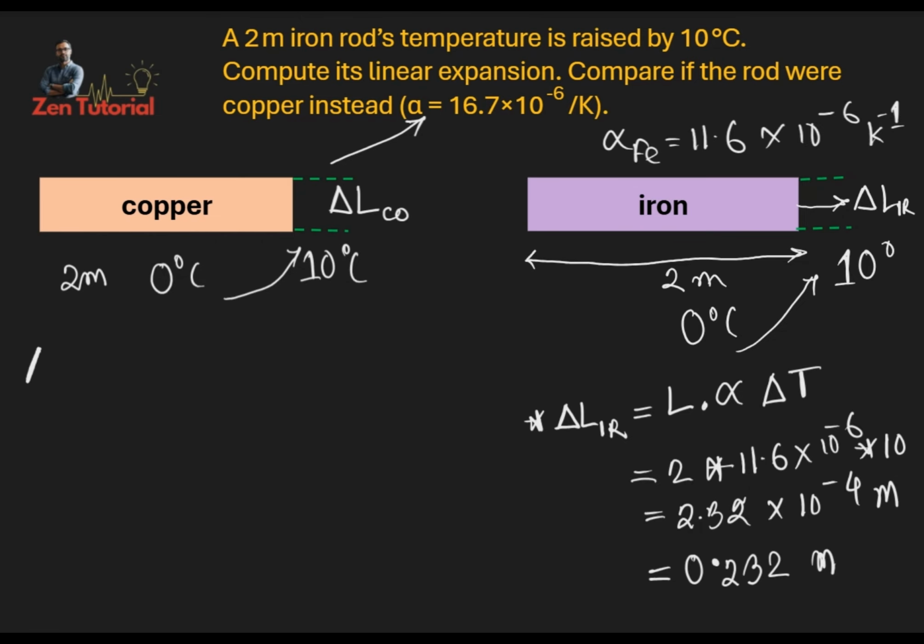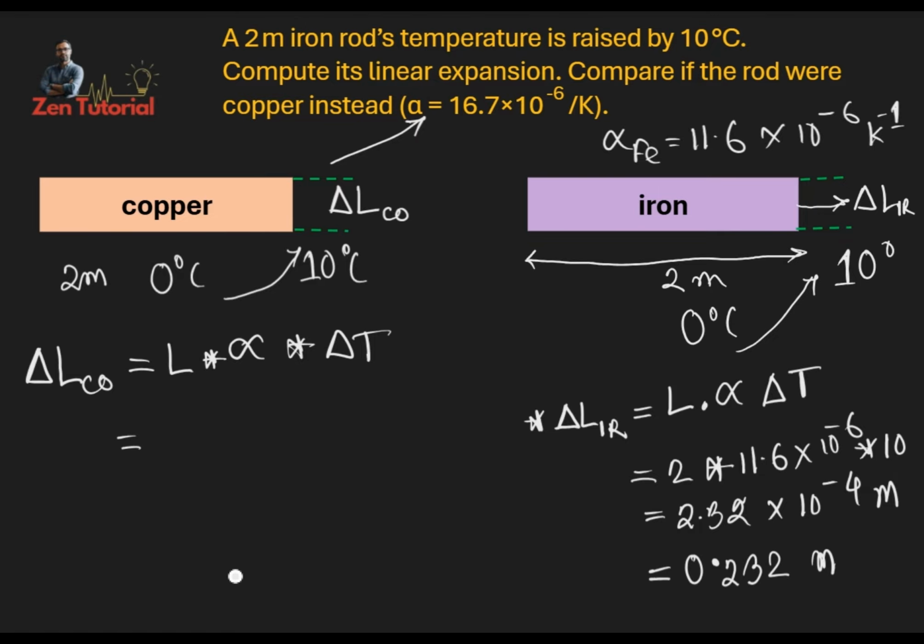So let's write down the basic formula for linear expansion. So del L of Cu, copper, is equal to, of course, the length, alpha, the linear expansion coefficient, and the temperature difference.